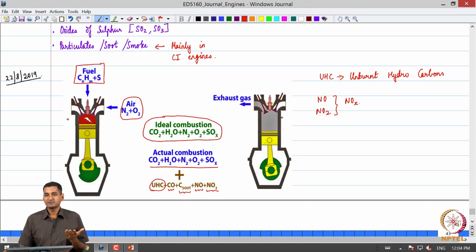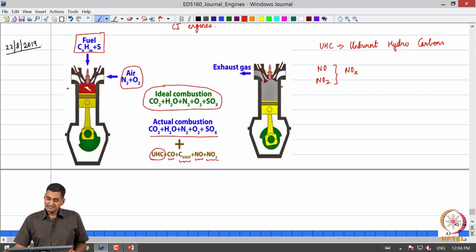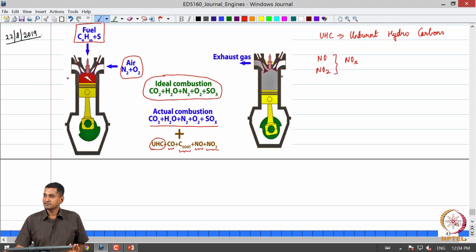We are going to get all these additional gases as byproducts of the combustion process in the exhaust, and these have severe implications on the environment. In addition, we are also going to see what impact they have on the engine per se.